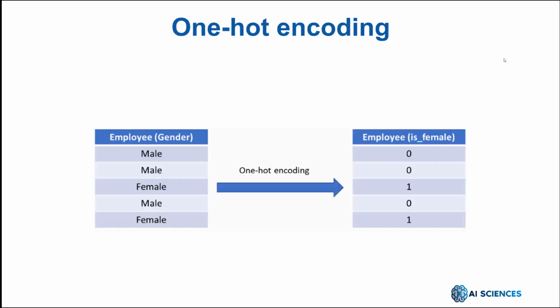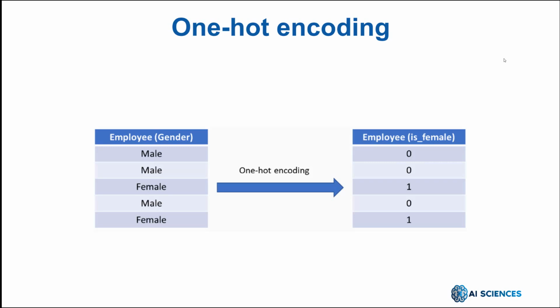Another important concept is one-hot encoding. Machine learning cannot handle non-numeric features by themselves. So the question that you may ask is, how do we transform the non-numeric features? Let's take our example of employee salary. Suppose that in the dataset, gender is maintained as a non-numeric feature, and this feature can have two values, male or female.